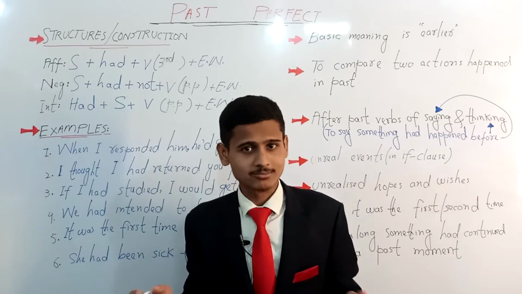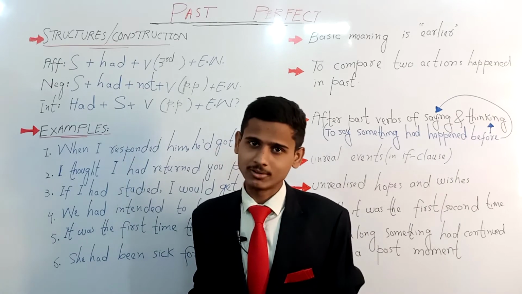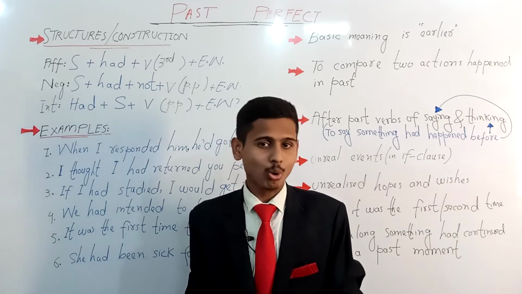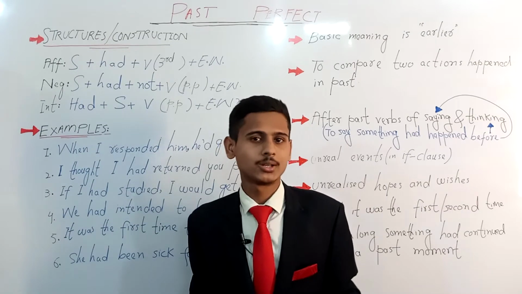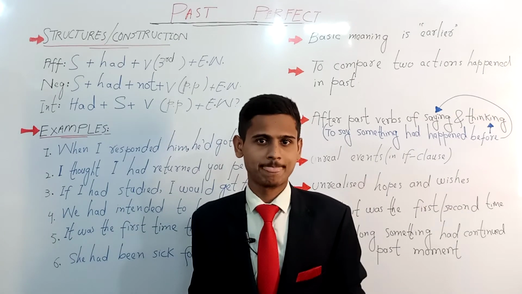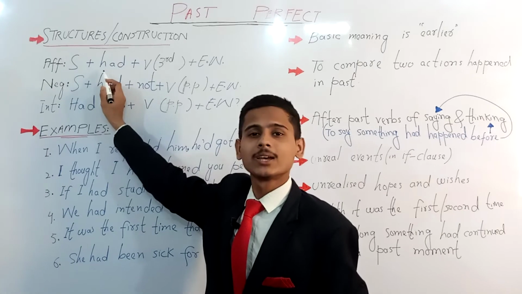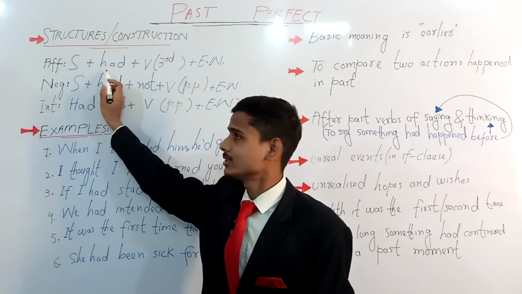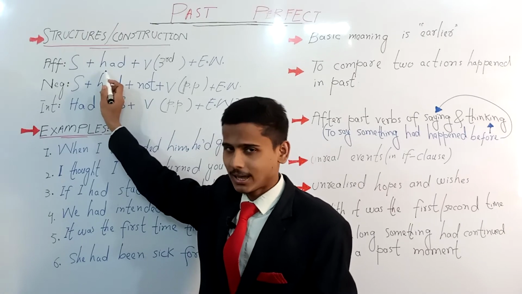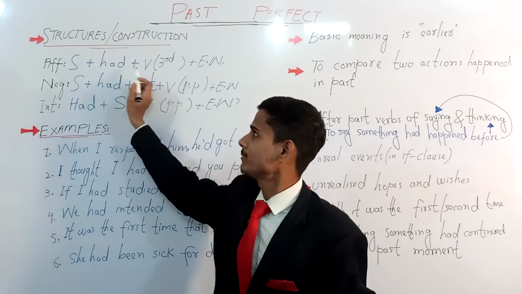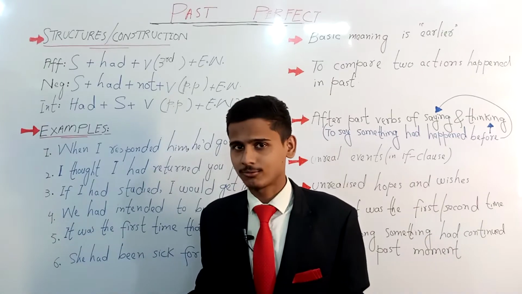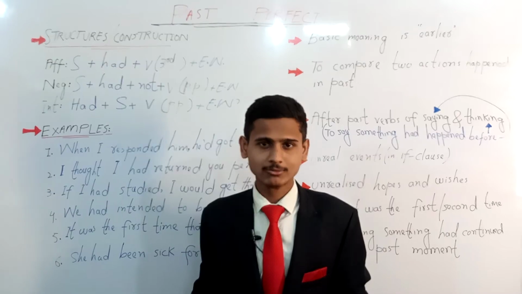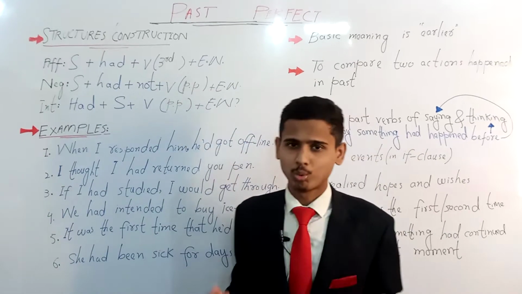If it were present perfect, I would obviously put have or has according to the nature of the pronoun or subject. But since this is a past tense, we are going to use the past form of have, which is had. So had plus the main verb in third form or past participle form, plus extra word.